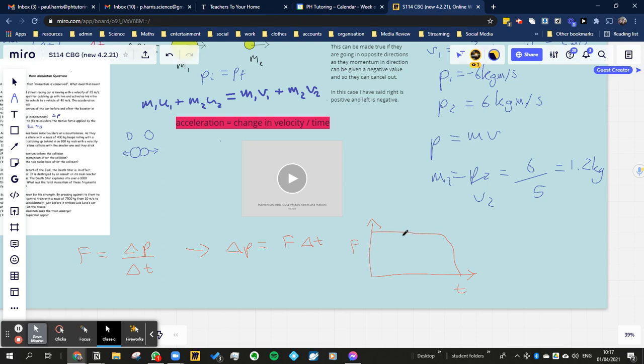So this could be, for example, experienced in a car crash. So you're having a car crash, and what force do you experience on your body? Maybe something relatively high for a sustained period of time, and then eventually the car starts to slow down during the collision, and obviously the force reduces.